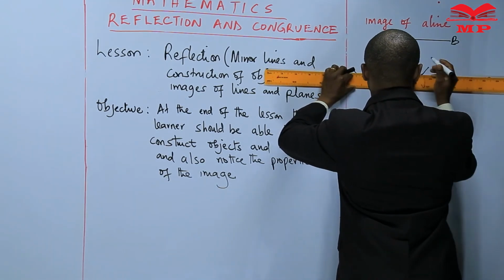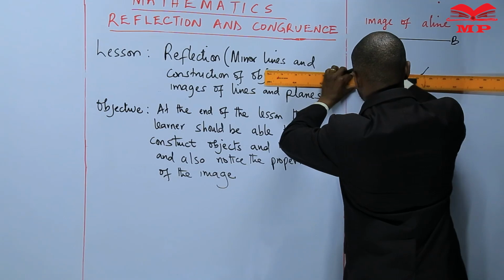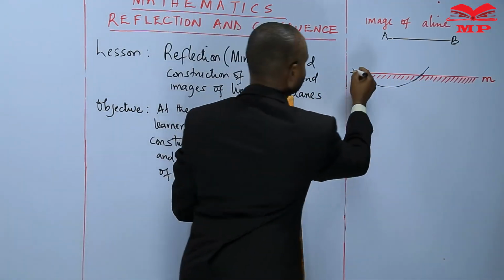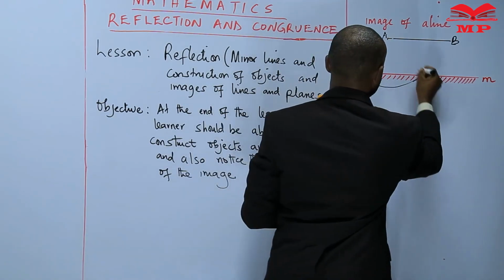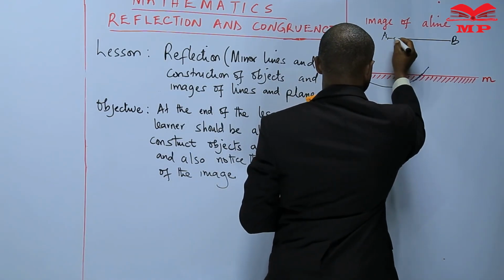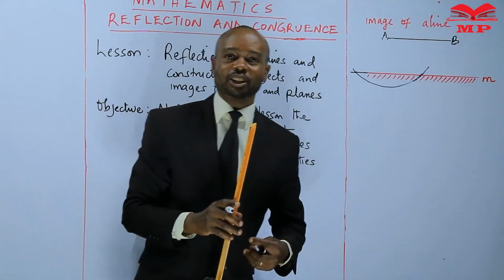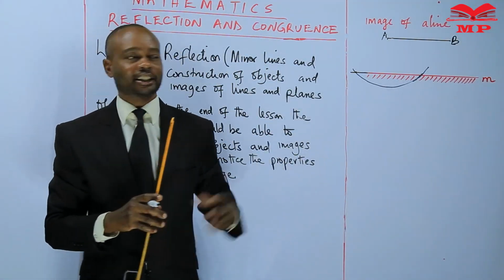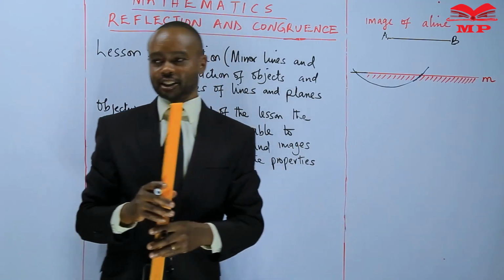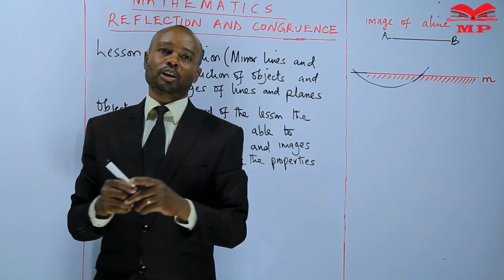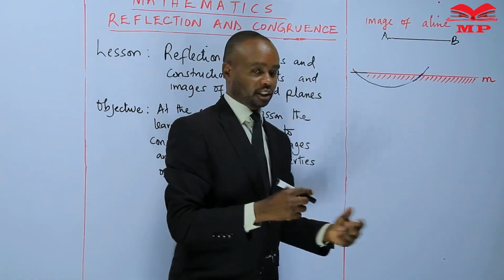After getting this point and that point, it helps me to drop a perpendicular there. This sums up some of the properties we'll get: the distance of the image and the distance of the object. We are using one of those properties to construct this.